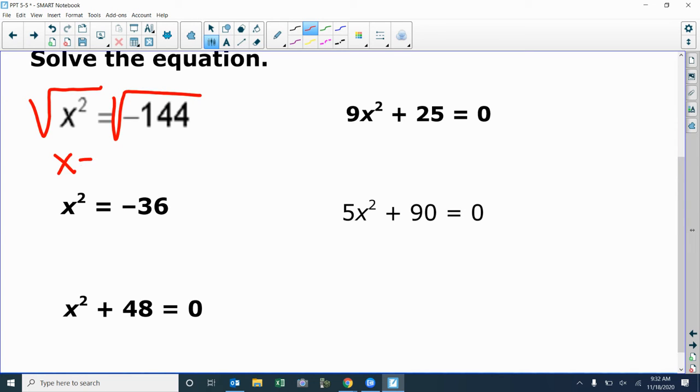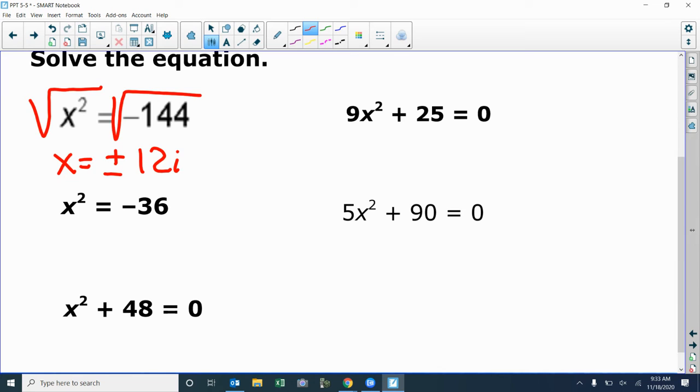So now I'm gonna have x is equal to, of course, when I take square root, I need plus or minus. And now the square root of -144, and you don't need to break them down as much now if you're starting to pick up on it. What would that be? Square root of 144 is 12. We have the negative, so this is gonna be 12i.